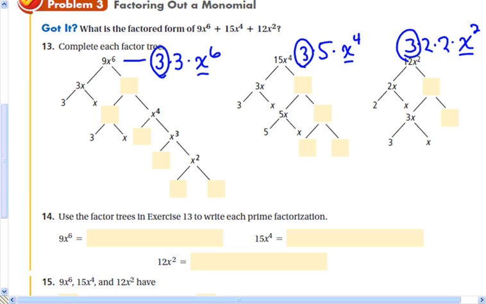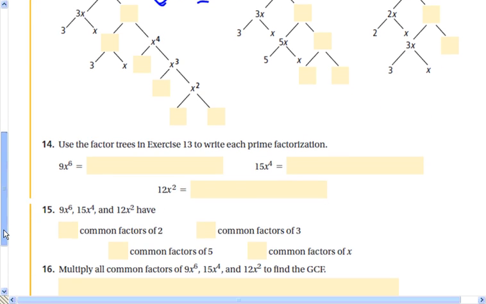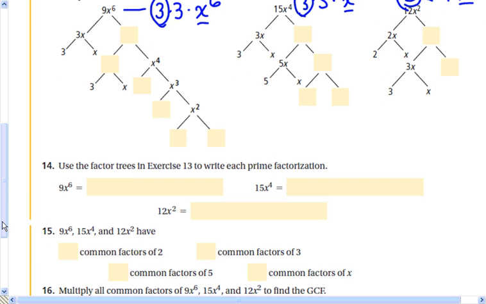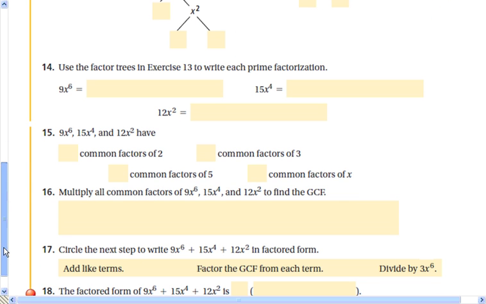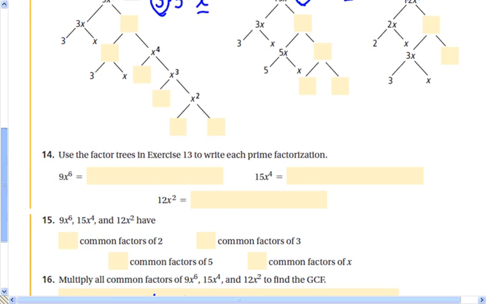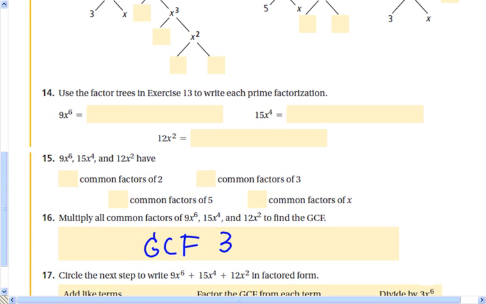And so the answer is the greatest common factor is 3 times x to the second, or 3x squared.